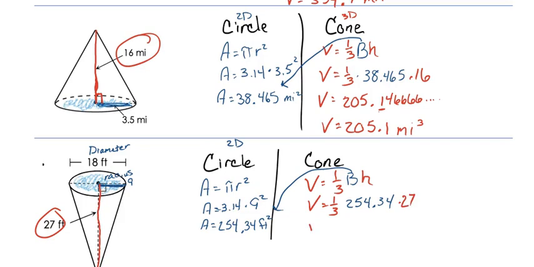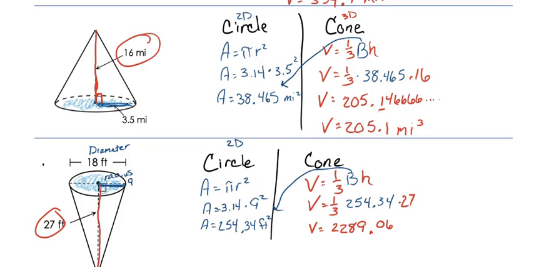Use the power of calculations. I want a third of whatever 254.34 times 27 is. And I find that that is 2,289.06. And it ends, but that's not what they asked me for.